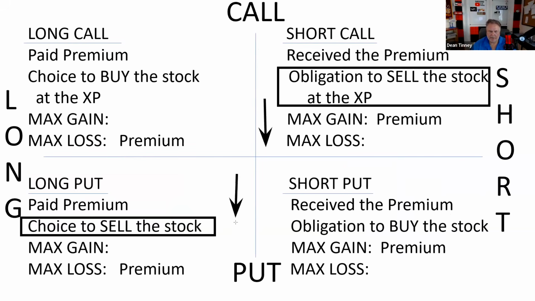Anybody know what we call that as a test question? The way they say that on the test is, what is the same side of the market? What is the bearish or sell side of the options market? And you went on the test would say short call and long put. That's the same side of the market.